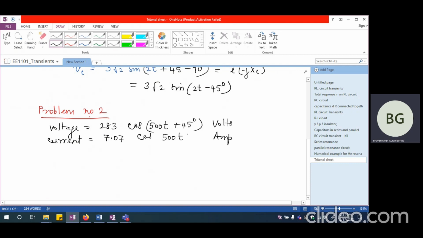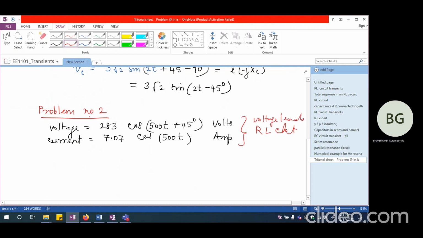Please note that voltage is leading the current, and it is leading by 45 degrees. So in all probability, this should be an RL circuit because the voltage leads. Now, what is being asked is to calculate Z, real power and reactive power.